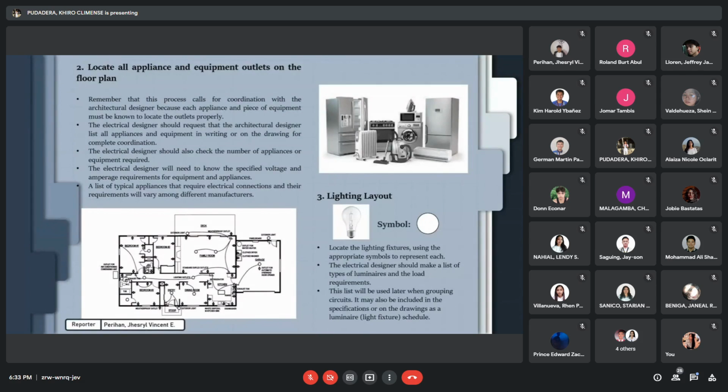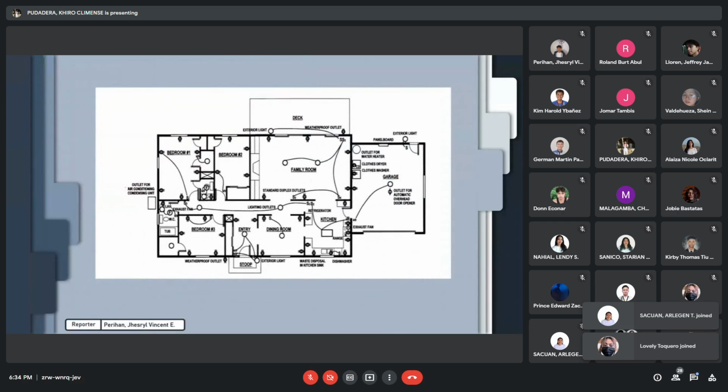The electrical designer should also check the number of appliances or equipment required. The electrical designer will need to know the specified voltage and amperage from different manufacturers. In the earlier floor plan, we located the appliances. So we have clothes dryer, clothes washer, exhaust fan, and etc.